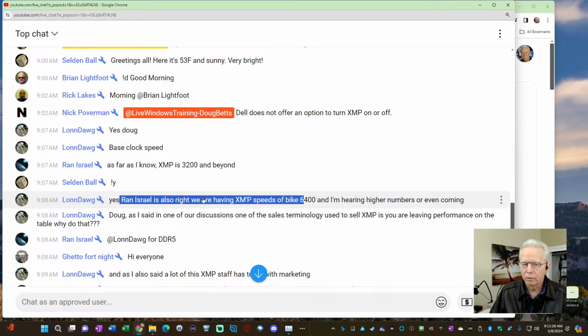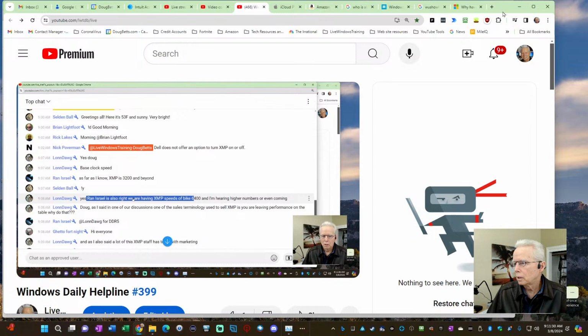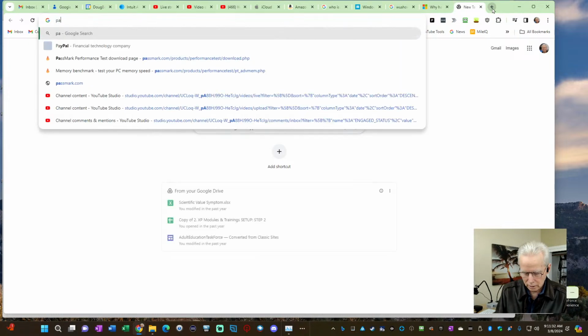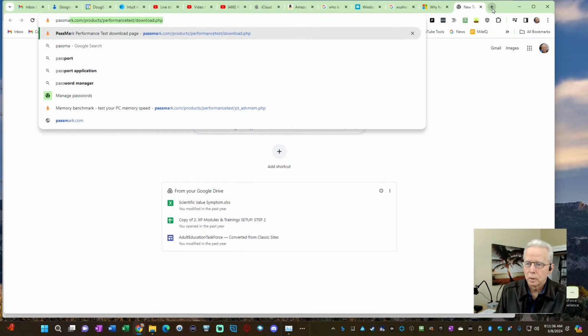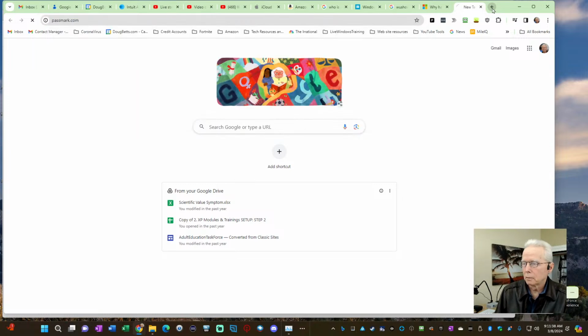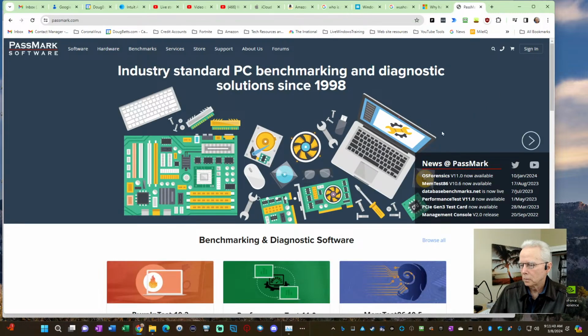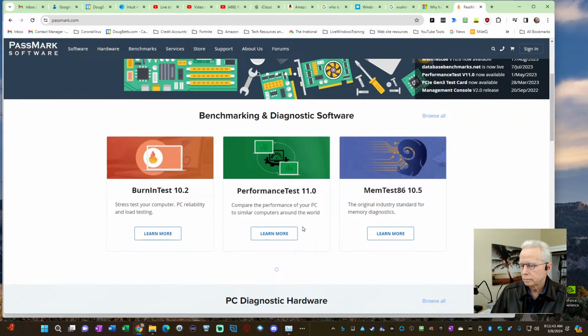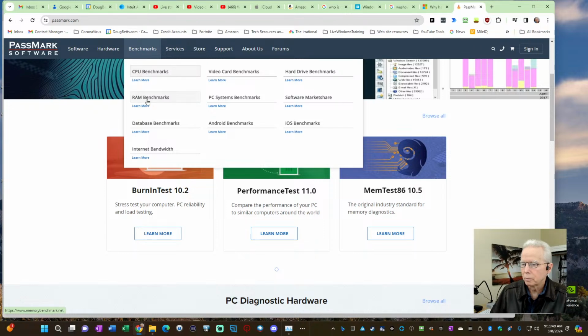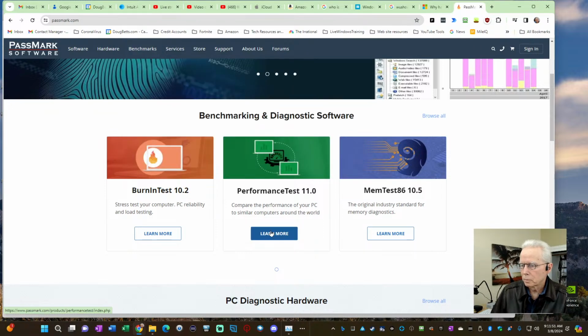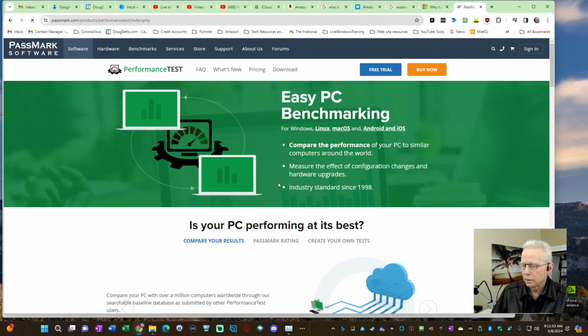Do you have a link for the PassMark memory software? Yeah, I got your link right here. PassMark.com. And then performance test. Let's see, benchmark, CPU benchmarks, RAM benchmarks. I think it was this one. Yeah, and then free trial.